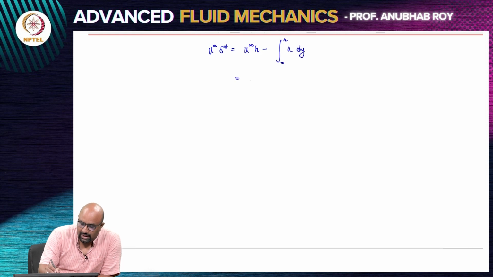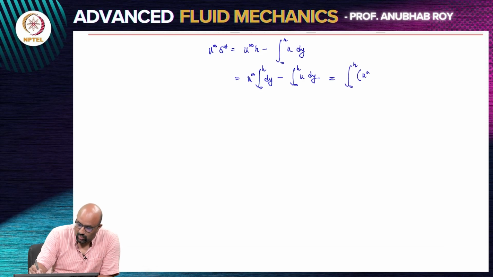Now u infinity h, you can write as u infinity times the integral 0 to h of dy, minus the integral 0 to h of u dy, which can further be written as the integral 0 to h of u infinity minus small u, dy. So delta star is the integral 0 to h of 1 minus u by u infinity, dy.